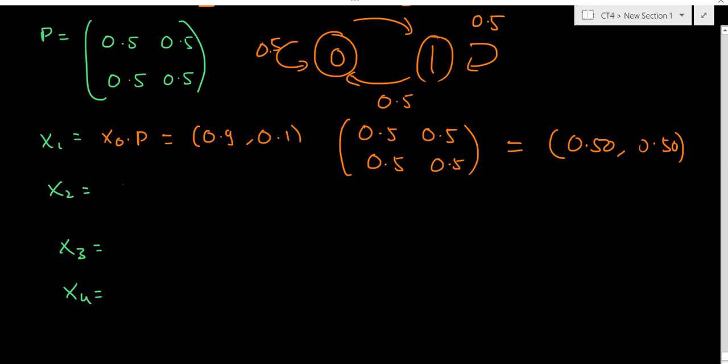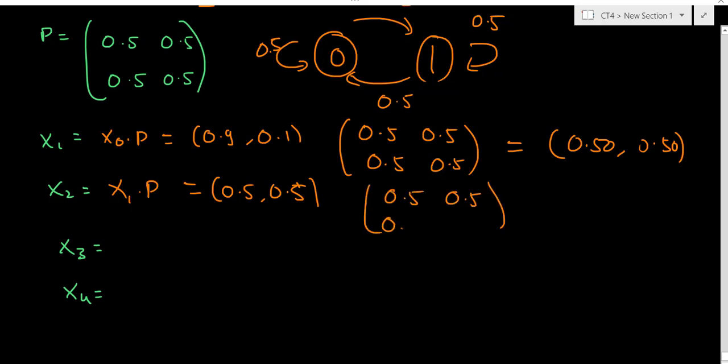Now let's see the next step. x2 would come out to be x1 into p. So x1 is 0.5, 0.5 multiplied by 0.5, 0.5, 0.5 and 0.5, right? This would come out to be 0.5 into 0.5 is 0.25, and again 0.5 into 0.5 is 0.25, so both of them come out to be 0.5 and 0.5.